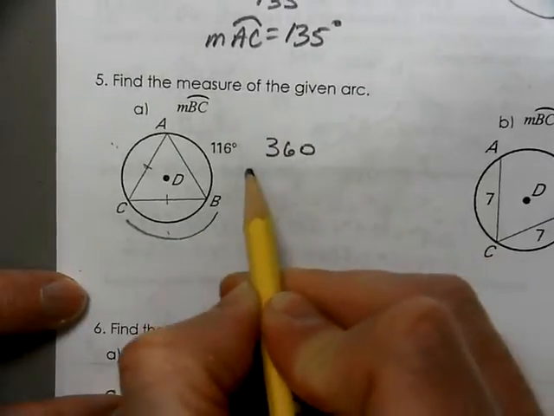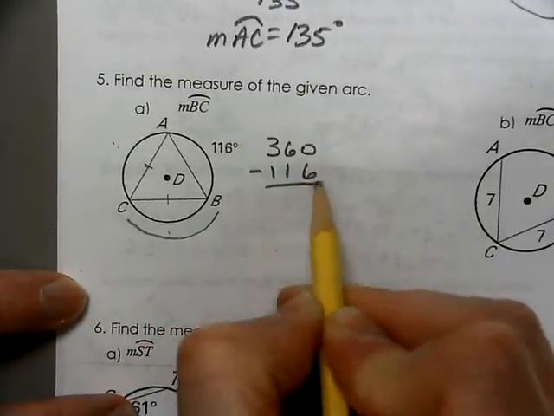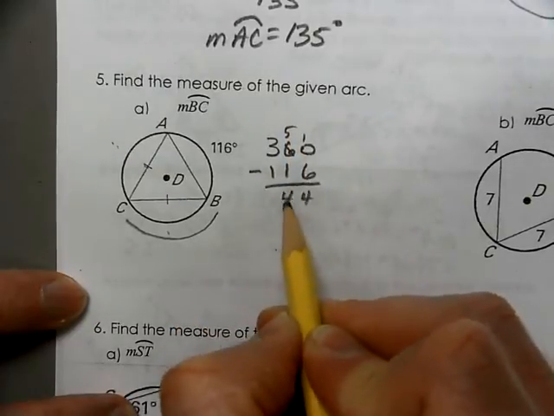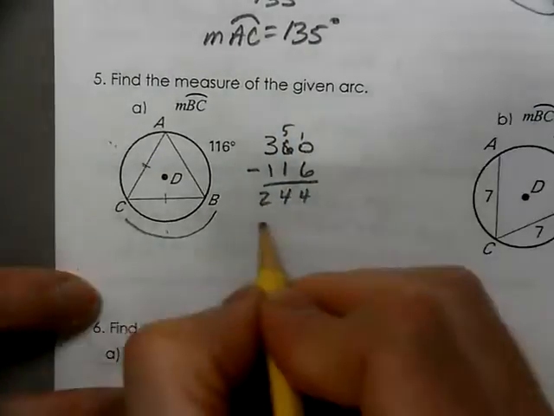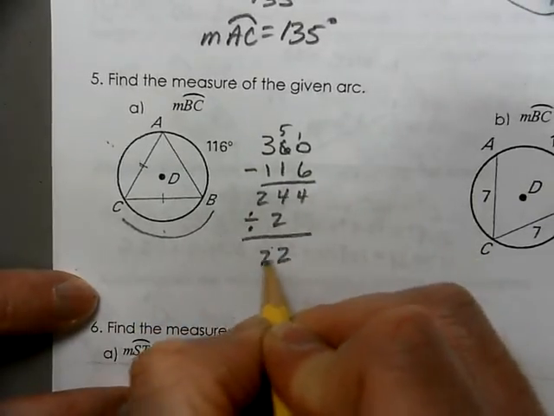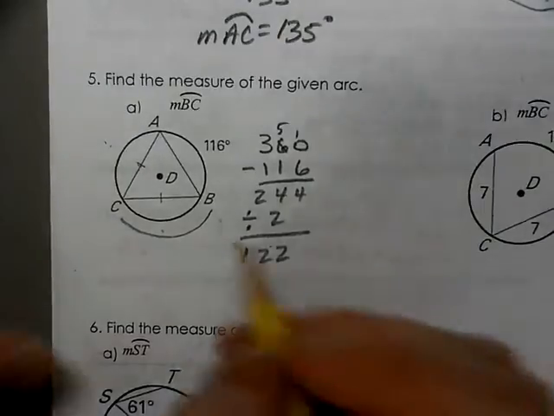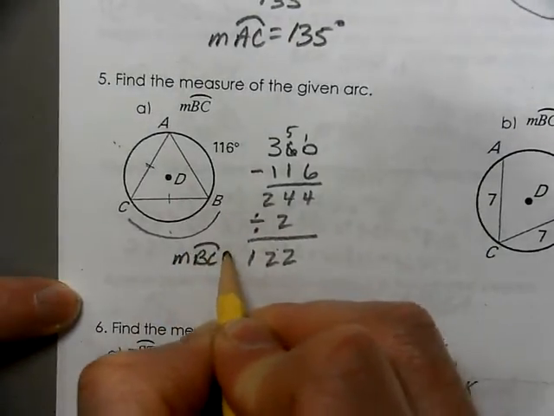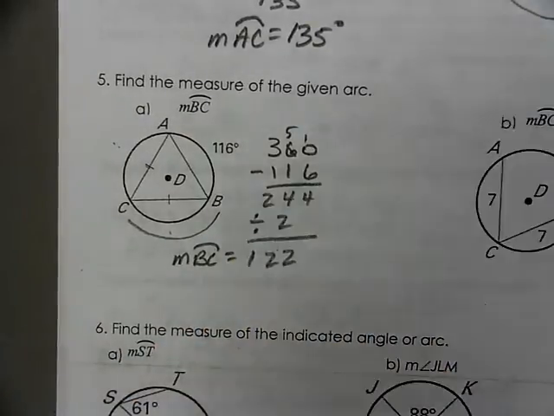So 360 minus 116 divided by 2 is 122. The measurement of arc BC equals 122.